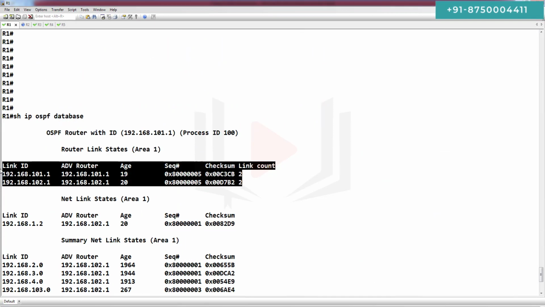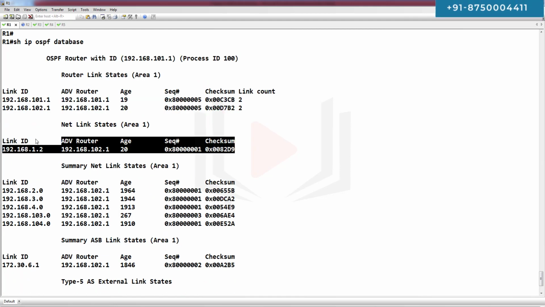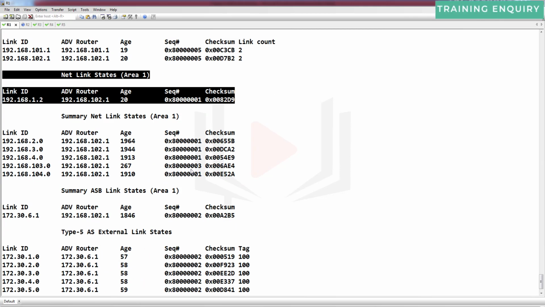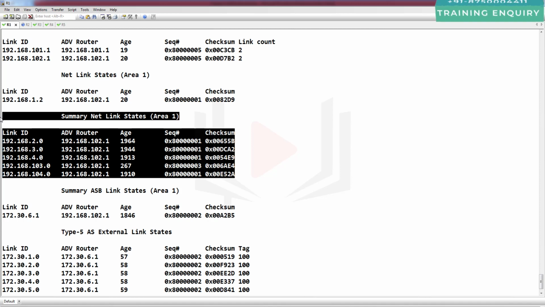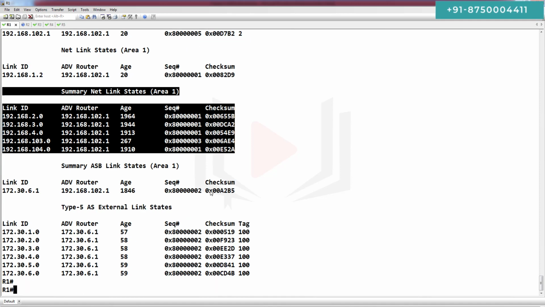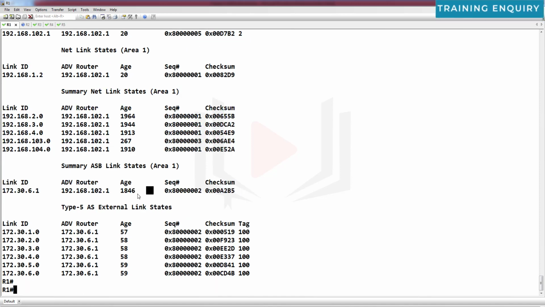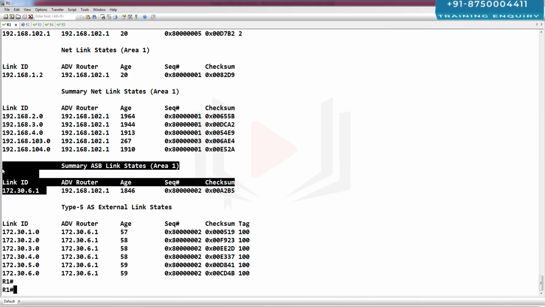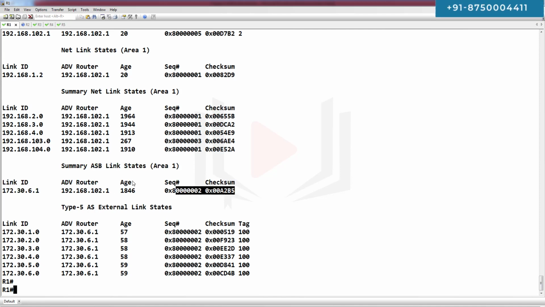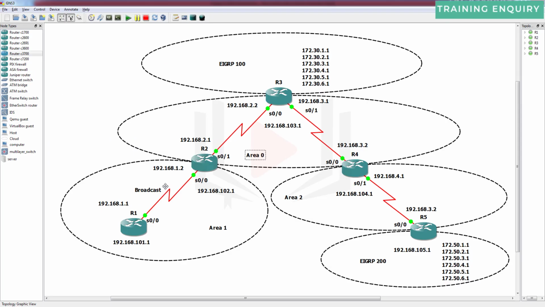Again I am repeating: router LSA contains the router ID of a router within the area. Network LSA contains the DR router ID. Summary LSA, when the routes of one area go to another area. ASLSA contains the ASBR router ID sent by the ABR. Who is the ABR in this area? R2.